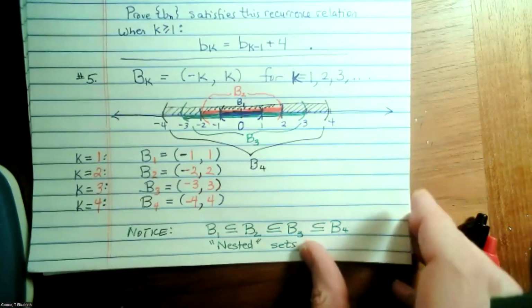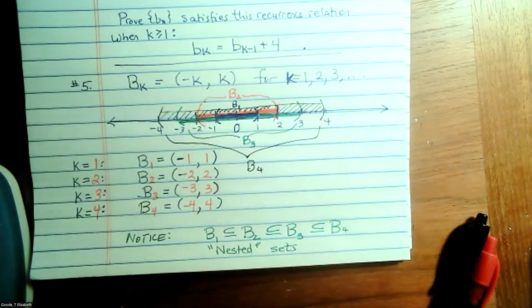All right, so when we start thinking about the union, first of all, you have to understand what union means. And then when we start to look at intersections, we have to understand what intersection means.